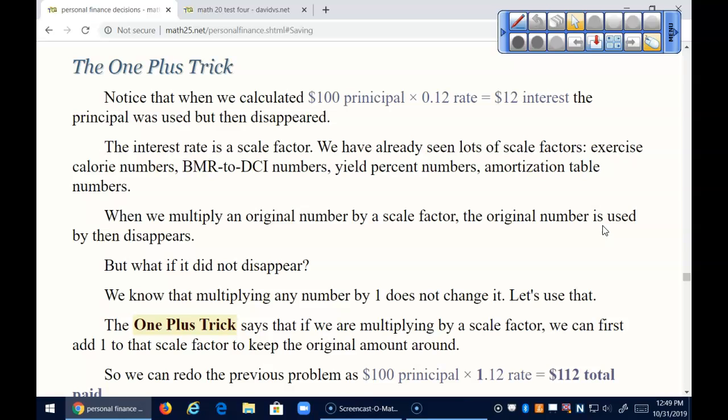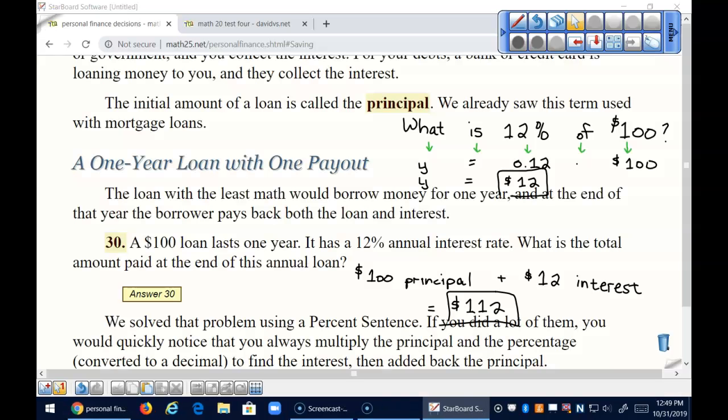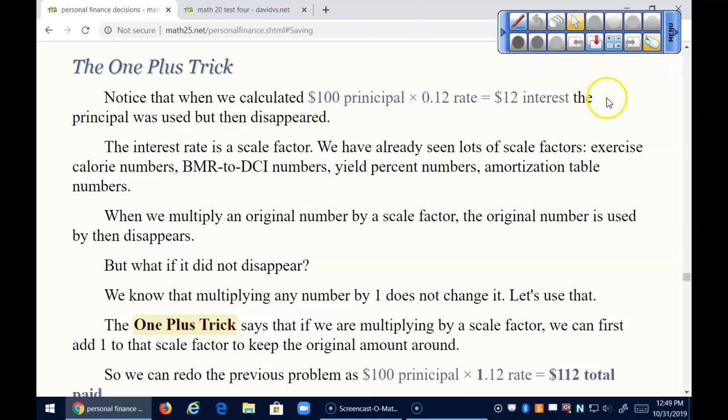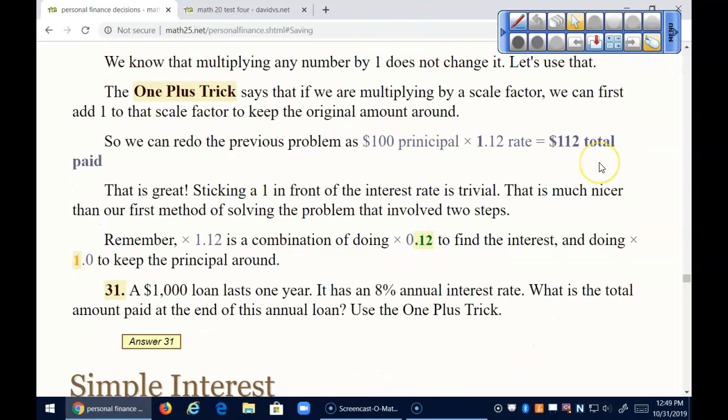The 1 plus trick says that if instead of multiplying by 0.12, we changed that to having it be 1.12, then two things are happening. The 0.12 times 100 is making the 12, just like it did a moment ago.